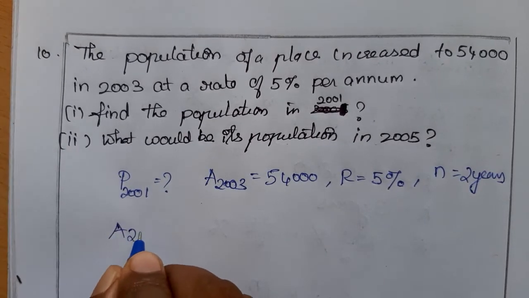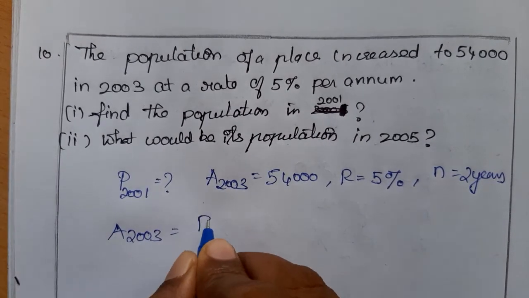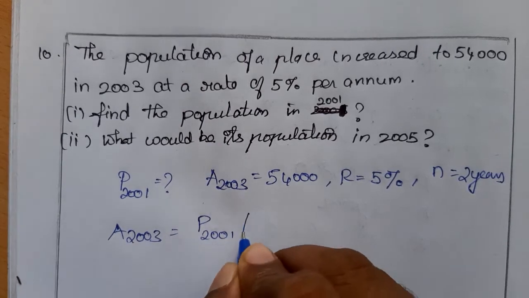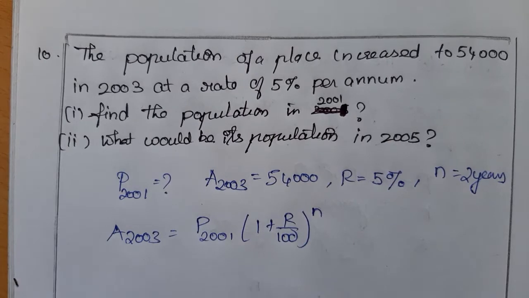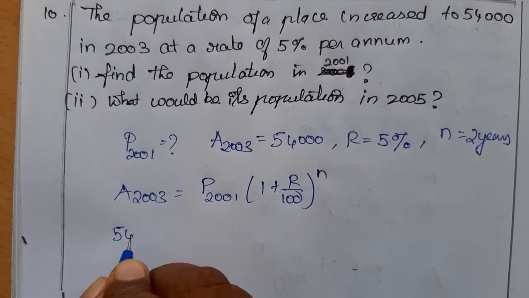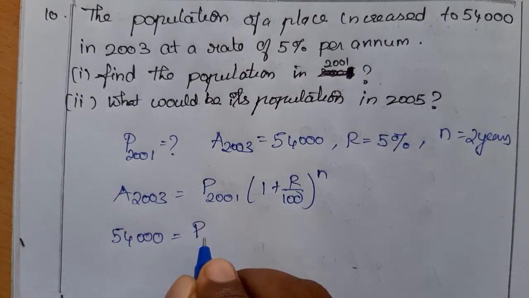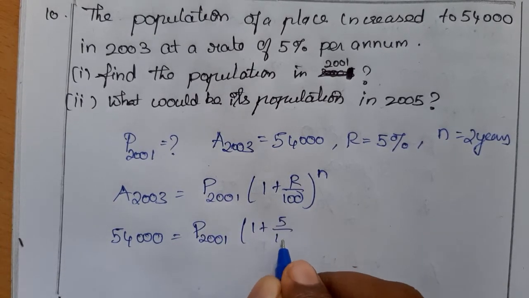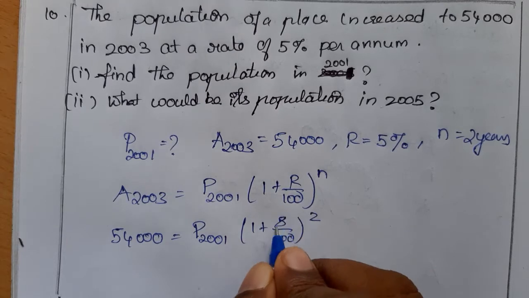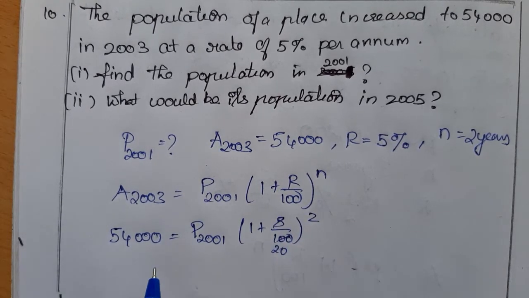So the amount at 2003 is equal to the principal at 2001 into (1 plus r by 100) whole power n. So the amount is 54,000, the principal is what we have to find, and 1 plus r by 100 is 1 plus 5 by 100, power 2.